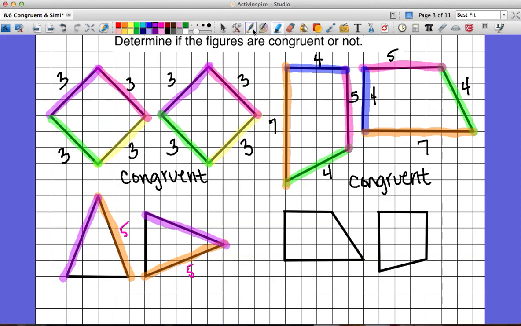So far so good. 1, 2, 3, 4. 1, 2, 3, 4. Okay, so these are also congruent shapes.